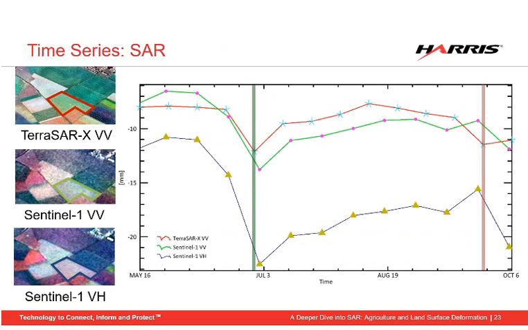Now let's look back on that field we viewed with our 4 scenes of optical data with all of the different SAR sensors. At the beginning of this time series, we see high intensity responses. This is due to plowing and churning of the soil that occurs, as you may have noticed in that June optical image. This can also be caused if fields rotate different crops during the seasons.